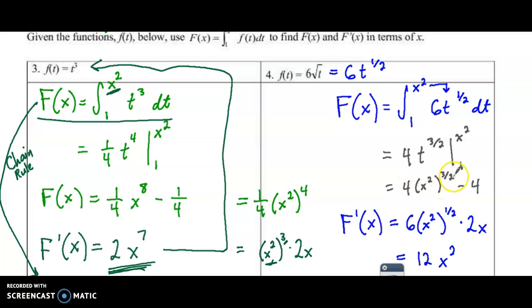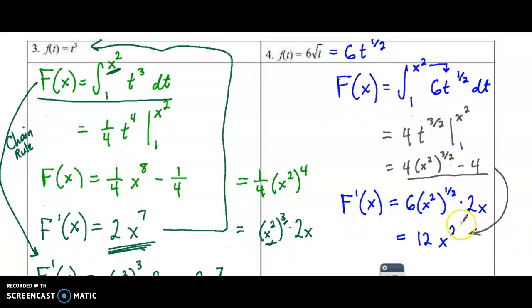Well, if you look at my rule then, for the derivative, you bring the 3/2 in front. 4 times 3 is 12, divided by 2 is 6. It's now to the 1/2 power, and then times the derivative of the inside is times 2x. Or you could simplify this, and then the direct derivative would give you that.